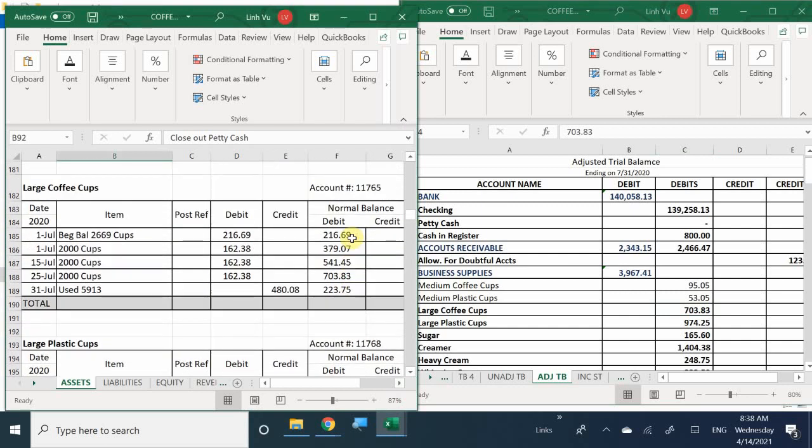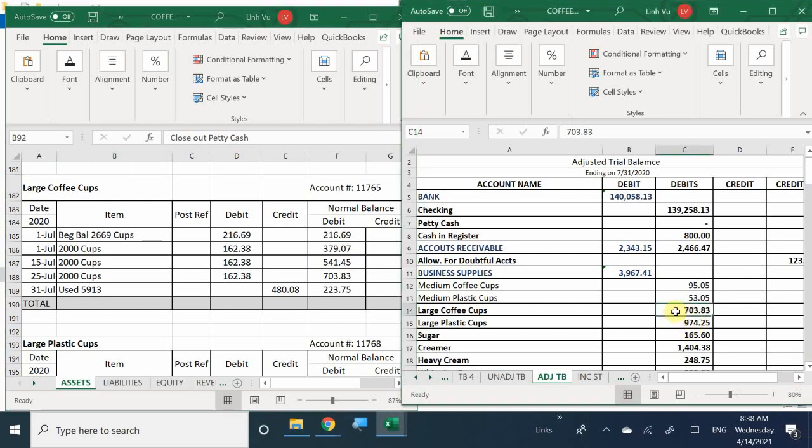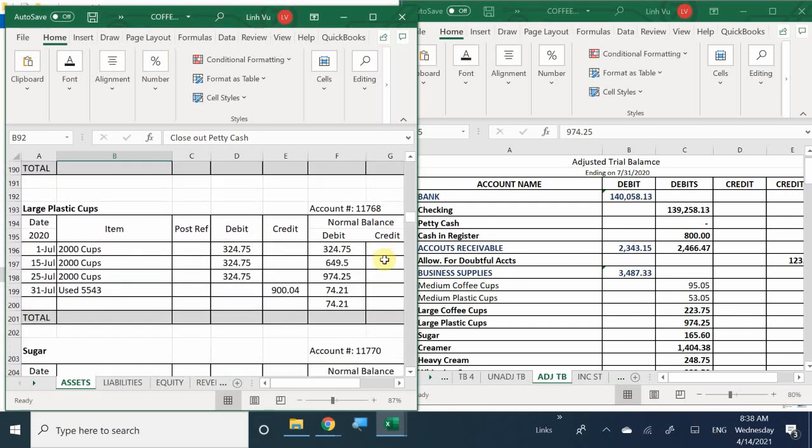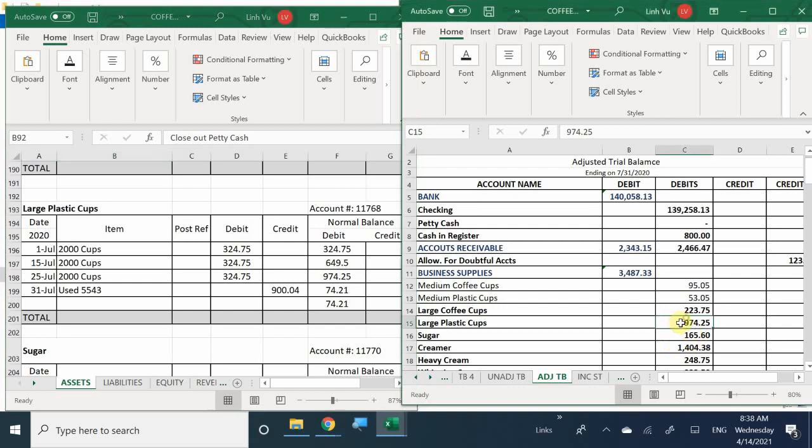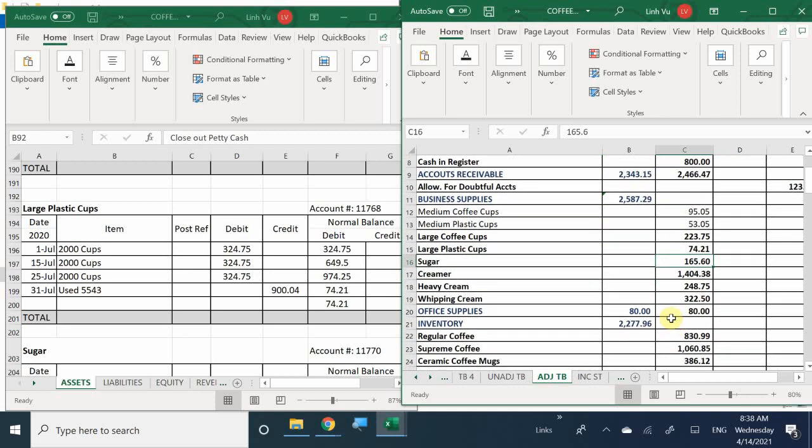What about my large coffee cups? 223.75. Yep. And then my large plastic cups. Okay.